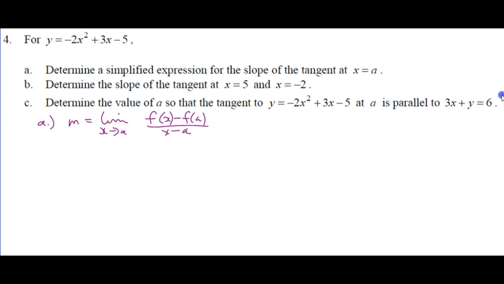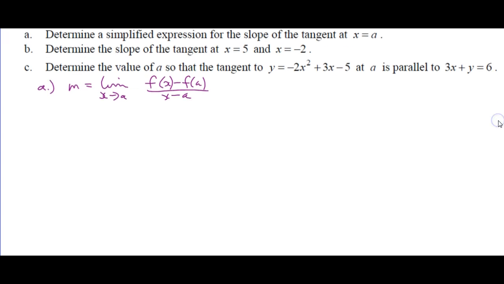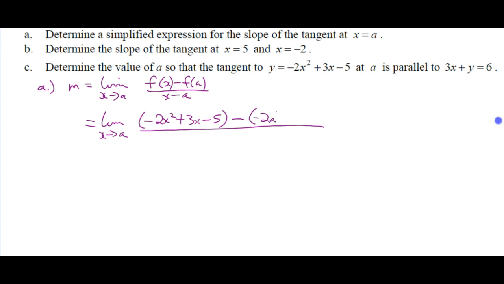All right, so f of x is negative 2x squared plus 3x minus 5. Let's put parentheses around that, just so I'm subtracting. And then f of a is going to be the same thing, but with an a instead of an x: negative 2a squared plus 3a minus 5, over x minus a.